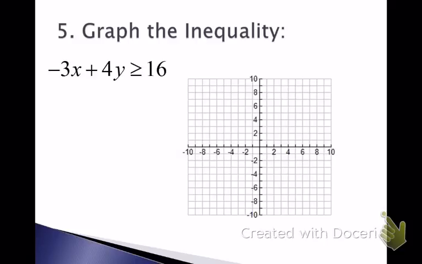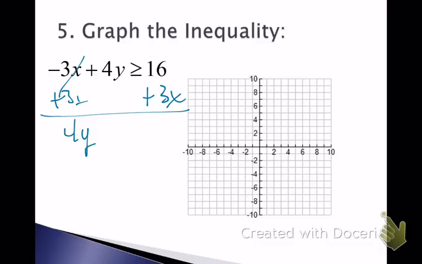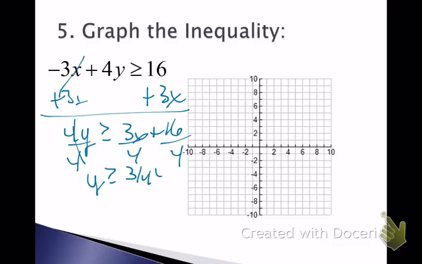Another one here, just like it. I'm going to walk through this real quick. Add 3x. Divide through by 4. You don't have to worry about flipping the inequality sign here because you're not dividing by a negative.